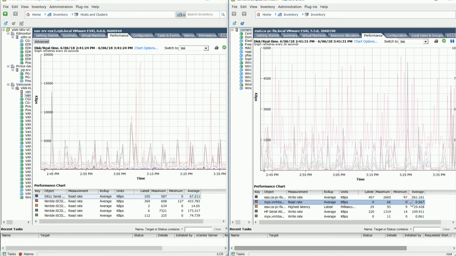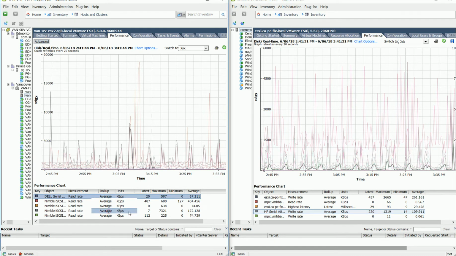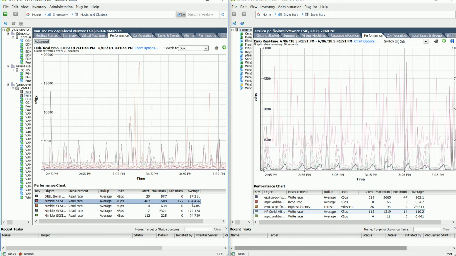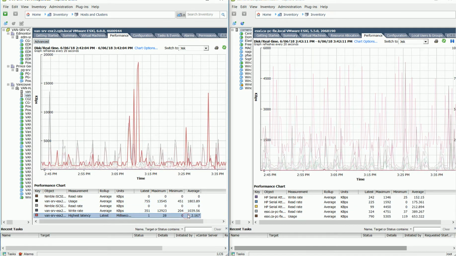Probably it performs some heavy-duty disk activities, for example backup or some other data copy. This one is for business, so you can see it has a much higher average, and the usage is much higher.